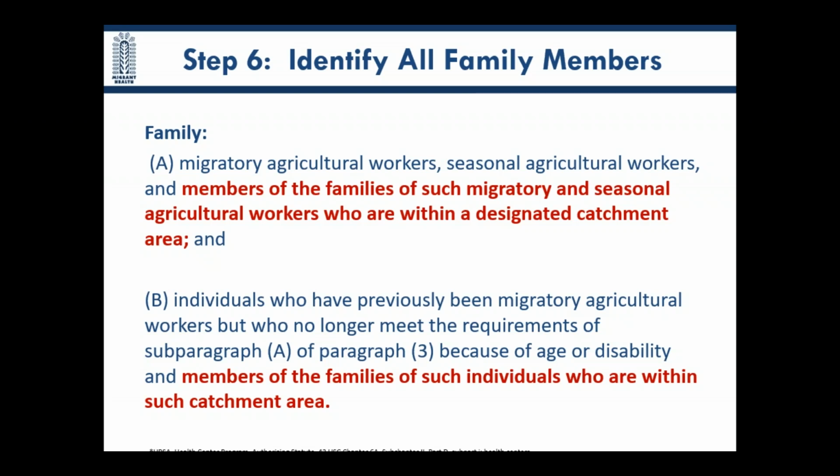So the dependents will be classified the same as the ag worker family member, whether it's migratory or seasonal. This directly also applies to children, regardless of what their insurance status is. So a tip would be to cross-check and make sure that everyone in the family is classified as an ag worker, the same as the family member.